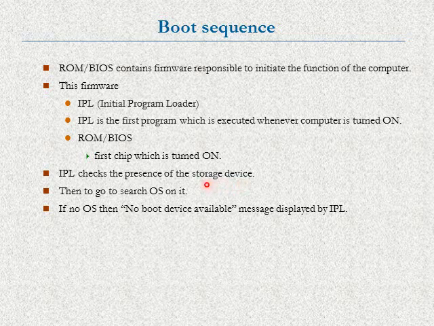If it's not formatted according to the requirements of the system, another message is displayed. And if there is no operating system present, then another message is displayed. So all of these messages, all of these subroutines are there so that the operating system can be loaded efficiently onto the RAM.